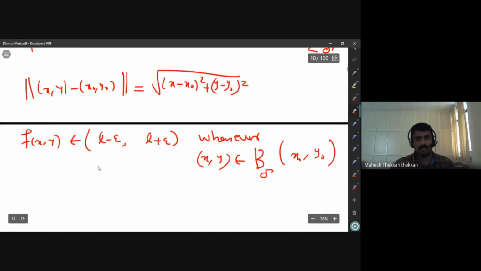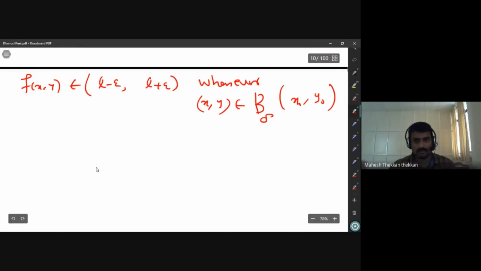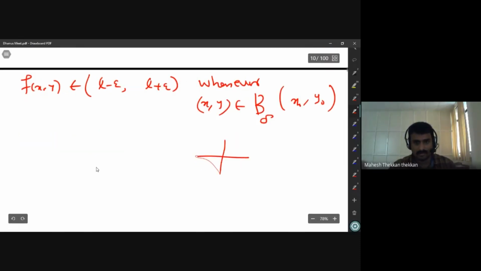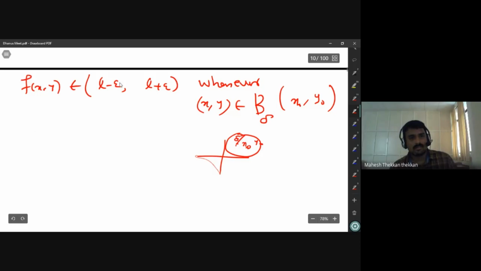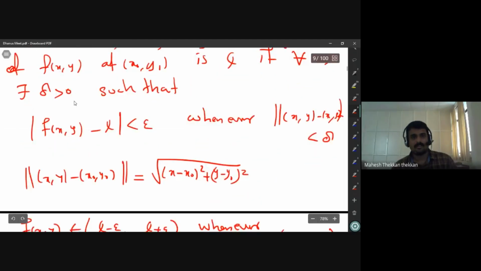This is the ball in R2. (x naught, y naught) is somewhere here, and this is an open disk, not including the boundary, of radius delta. So whenever (x,y) belongs to that ball, f(x,y) has to lie between L minus epsilon and L plus epsilon. So this is the definition.